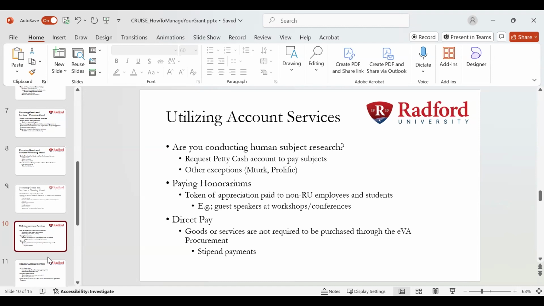I won't keep you very long, but as far as gift cards, we don't have a tool or mechanism to really do gift cards at this time. So what we've been recommending is that you use MTurk, some people call it Amazon Mechanical Turk, or Prolific. Of those two, Prolific seems to be the best if you are able to do your research participation online.